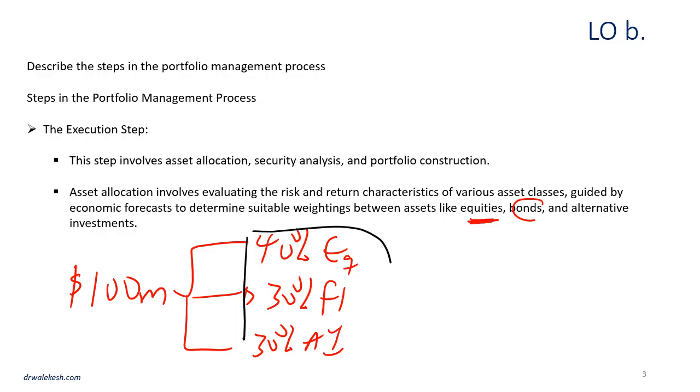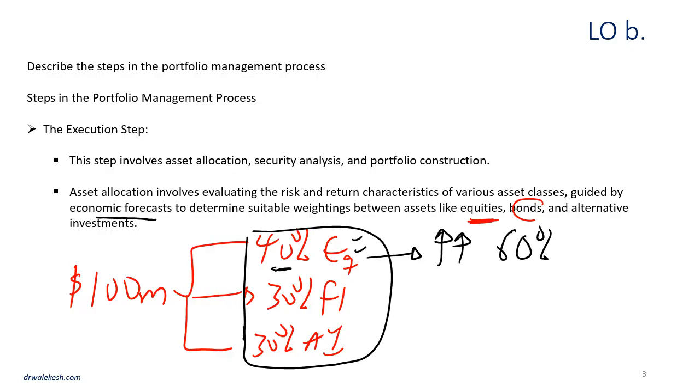This was my original plan, but based on my economic forecast, I believe that equities will perform well in the coming year, so I decided to increase my allocation to equity. So I increased my allocation to equity from 40% to, let's say, 60%.